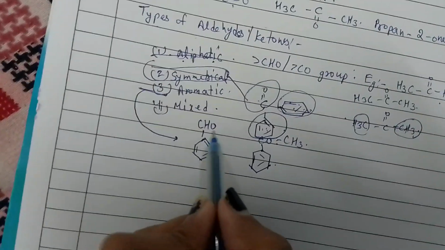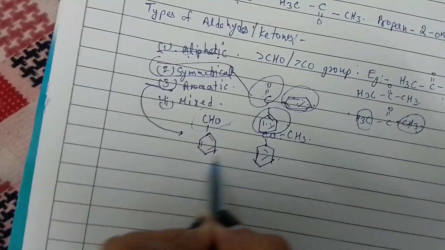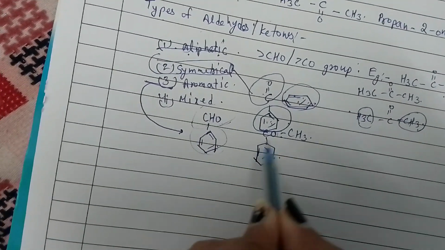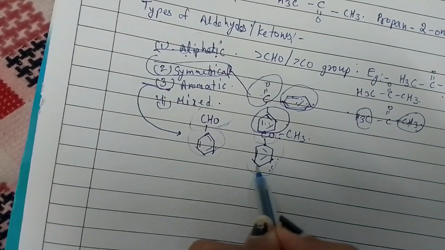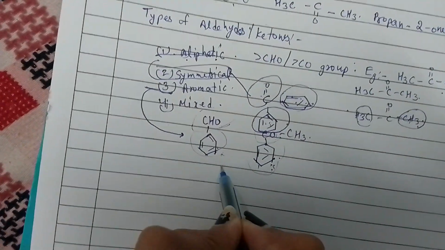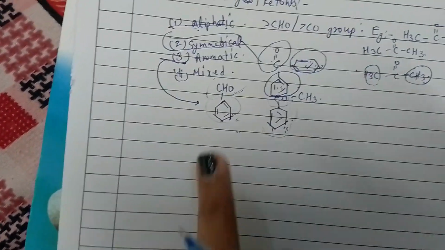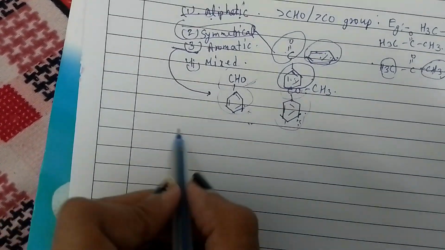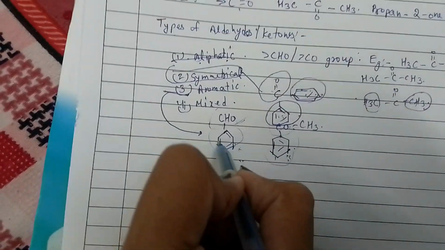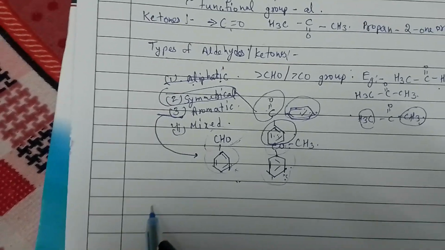In this we can see the aldehyde is attached to the benzene ring, and in this example we can see the ketone is attached to the benzene ring. The name of this is benzaldehyde. Next is our mixed.